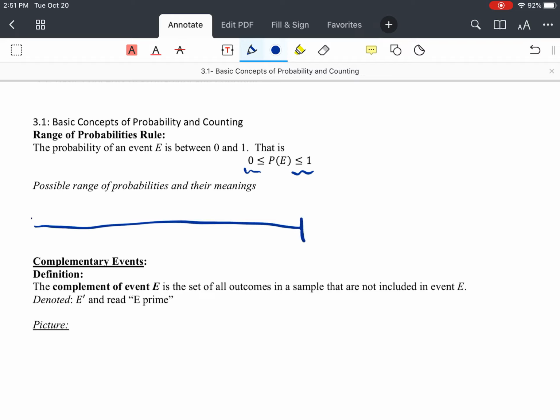Now, if I were to draw this range and label a few parts, let's label this part 0. This one would be 0.5. This would be 1. We'll do 0.75 and 0.25.